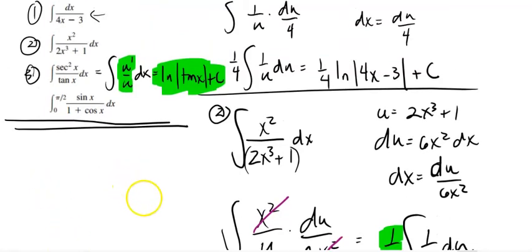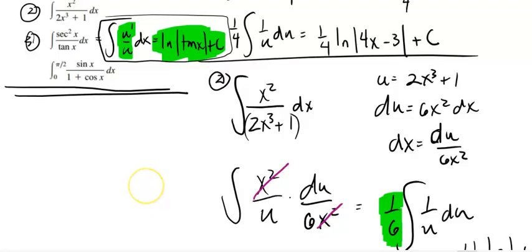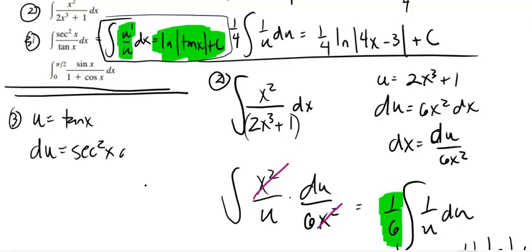So what I would do, I'm going to always do it the same way. I showed you the shortcut, or the formula matching, just so you're aware of it. But I'd still do number 3 the way I do all of these: let u be the denominator, let du be the derivative of the denominator, and then solve for dx by dividing by that derivative. And I do my substitution.